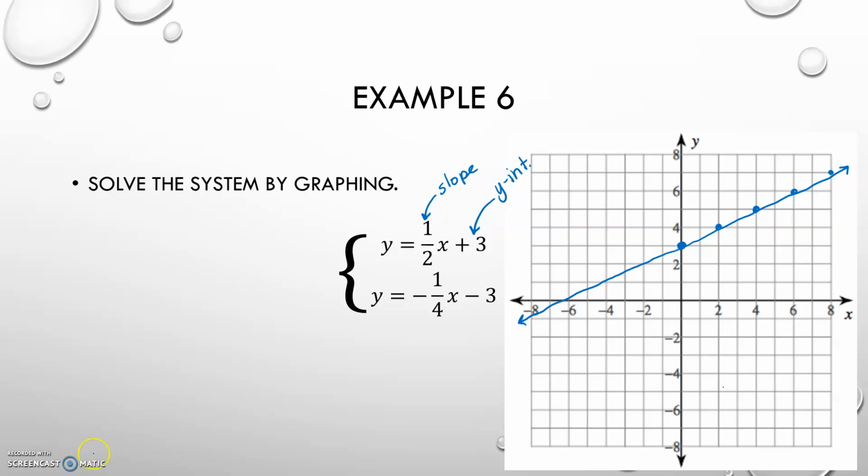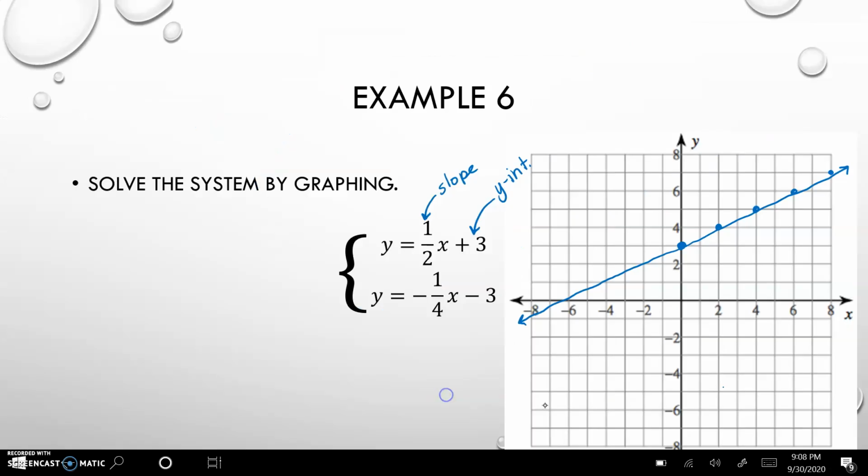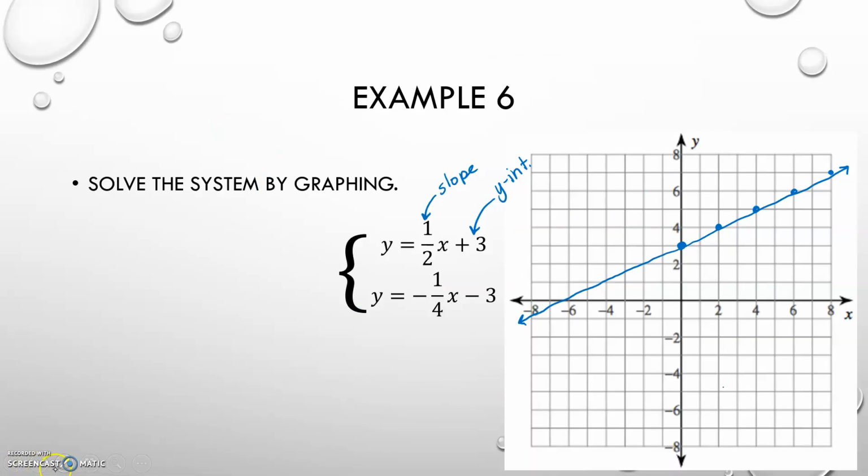Next, for the second one, we have a slope of negative 1/4, and we have a y-intercept of negative 3. So now I'm going to do my slope of negative 1/4. I'm going to go down 1 and over 4, and I can do that a couple of times.